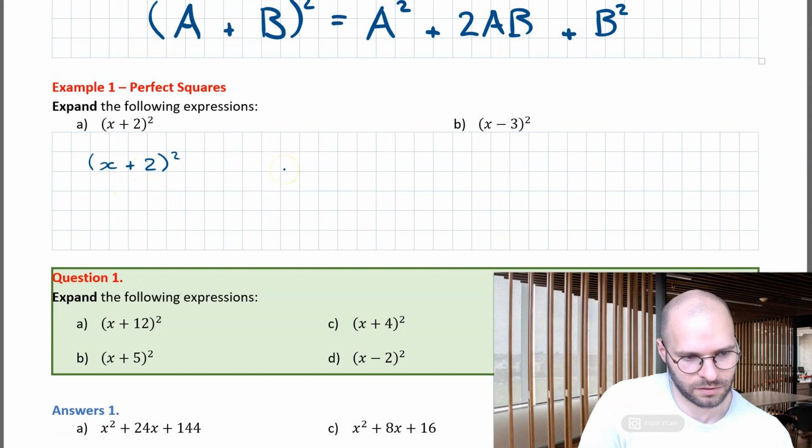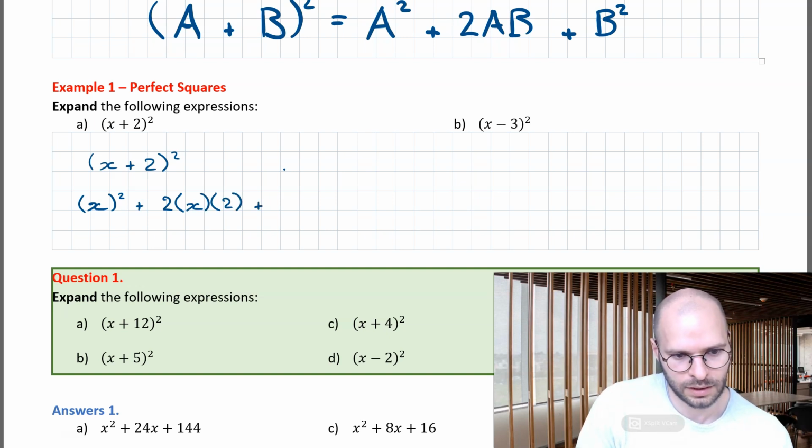So I start off with x squared, plus double of the product, so 2 times x times 2, plus, and then I square the final term in the expression, so 2 to the power of 2.